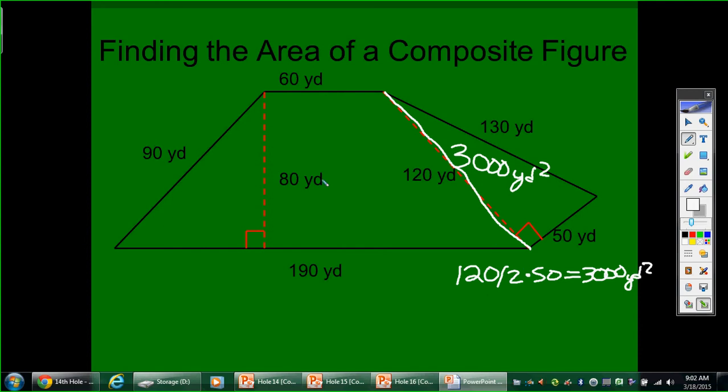And then my trapezoid over here, I have to average my two bases. My bases are the pair of parallel sides, 190 and 60. Adds up to be 250. And then I take that 250 divided by 2, I get 125, and I multiply it times my height of 80. 125 times 80 gives me an area of 10,000 square yards.